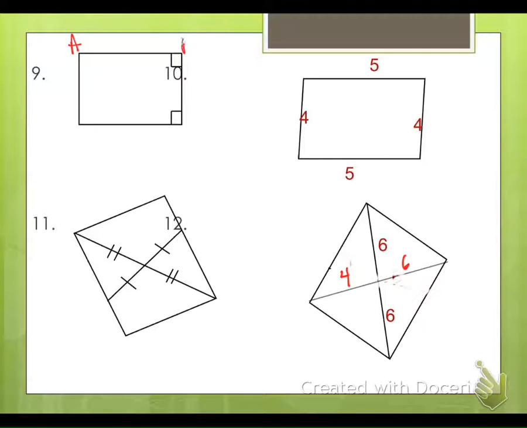If I label this A, B, C, D, we know that B and C are right angles, and if you add 90 plus 90, it's 180, which means it's supplementary. But do we know anything about A and D? There's no marks there. We know nothing about them. So we cannot say that angle B is supplementary to angle A or angle C is supplementary to angle D.